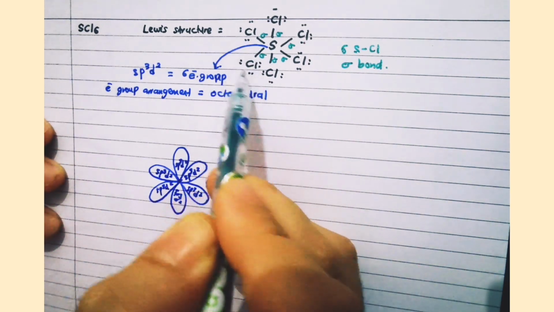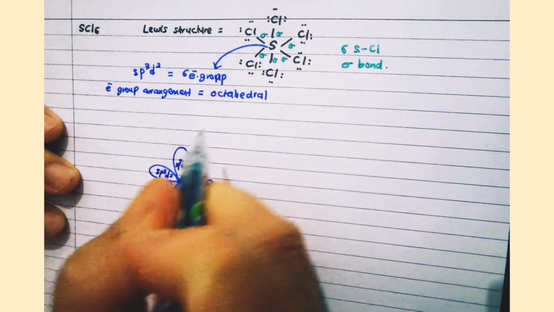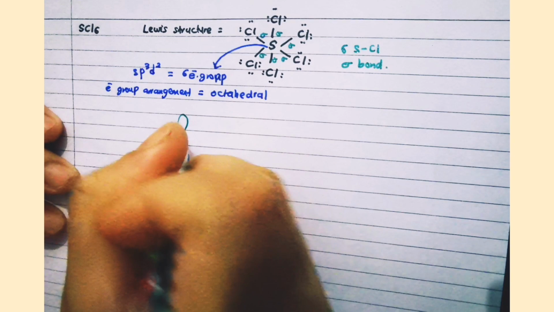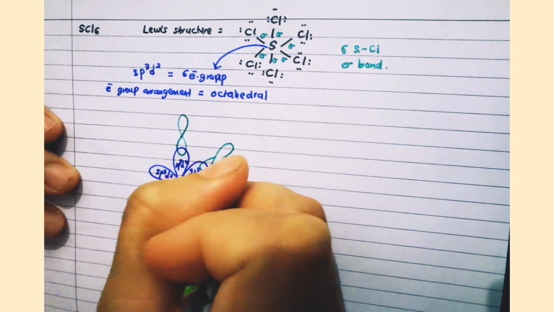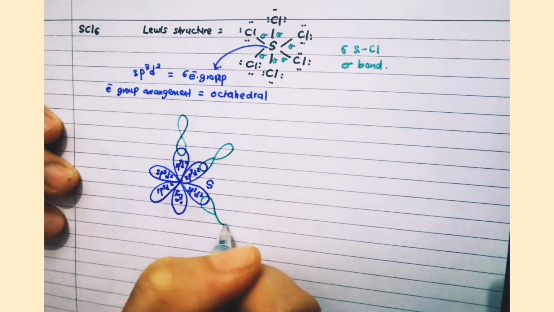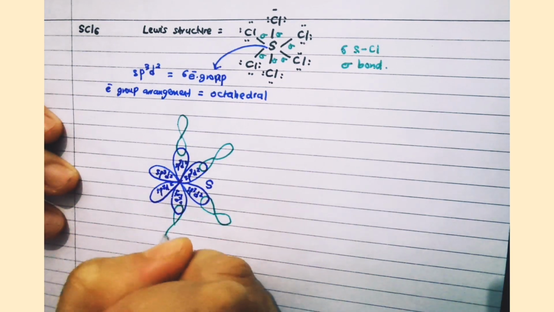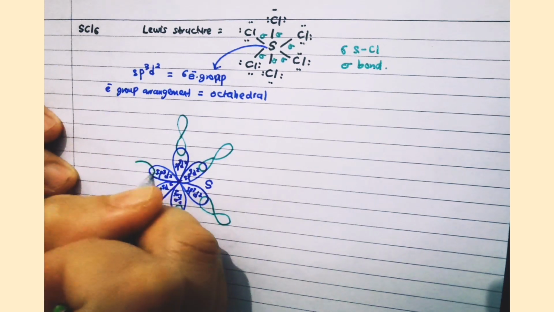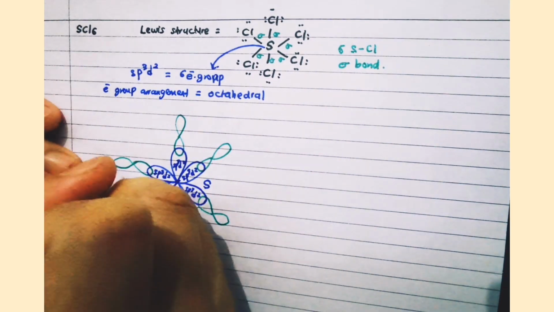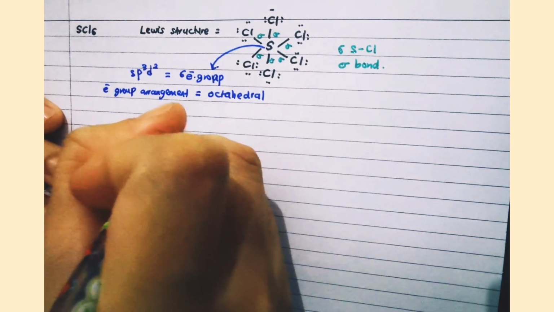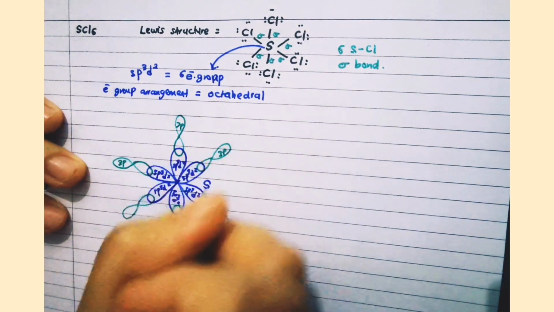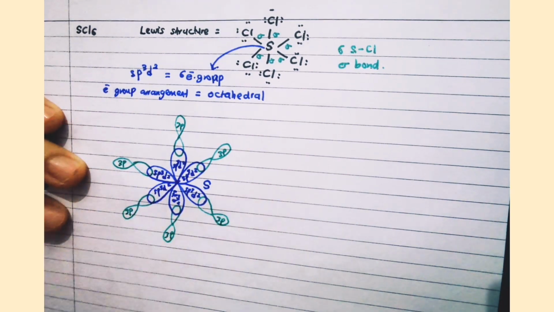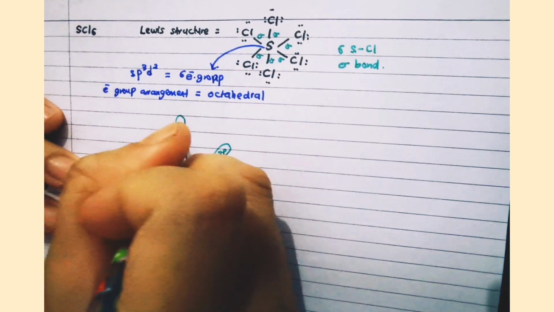When we have 6 S-Cl sigma bonds, we will show the overlapping orbital diagram of sp3d2 with the 3p orbital of chlorine. So it will overlap end to end. This is 3p of chlorine.